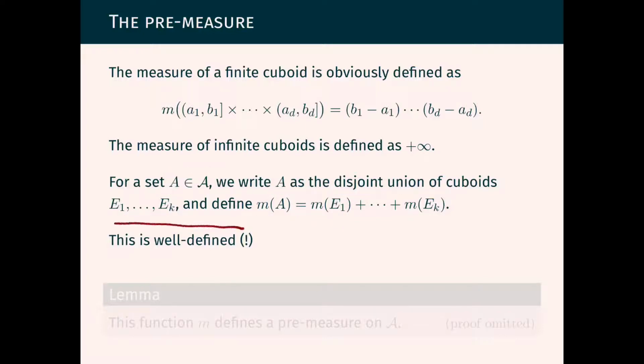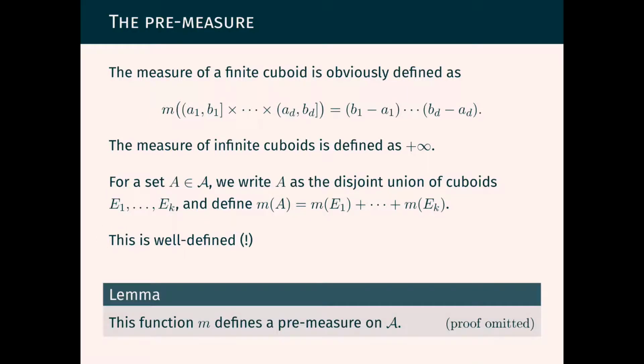It turns out this is well defined, even if we can write A as a disjoint union of cuboids in more than one way. It does not matter. Every possible way of writing A as a disjoint union of cuboids will get the same number here. So this is well defined.